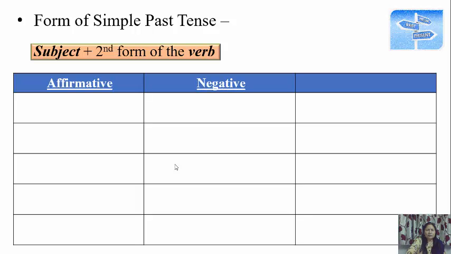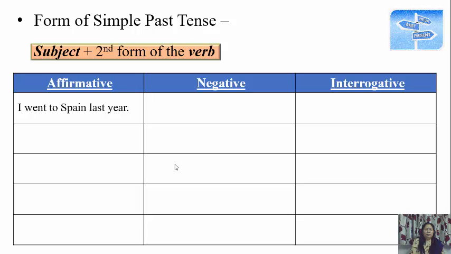And for making negative and interrogative sentences, now you need to understand the examples. So I'll give you sentences in affirmative and then make negative and interrogative, so that you understand how we change the verb form in these. First one, affirmative. I went to Spain last year.